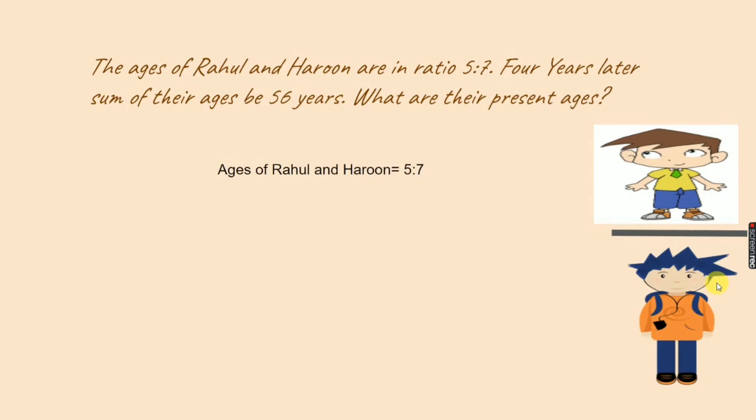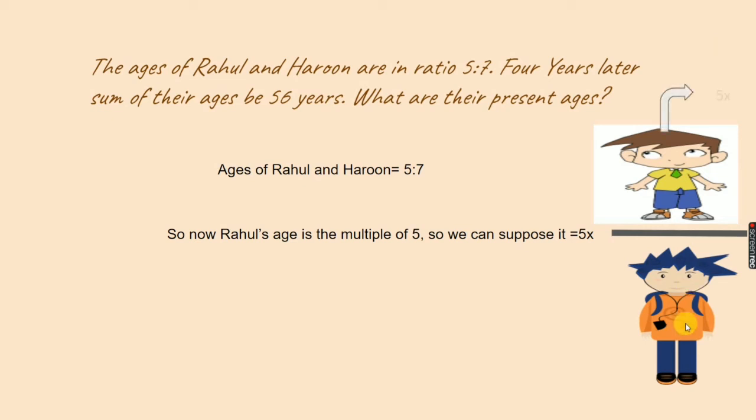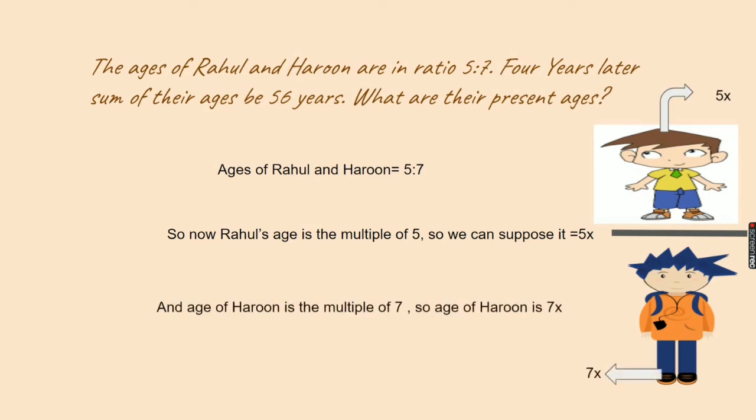So we can suppose that Rahul's age is a multiple of 5 and Harun's age is a multiple of 7, because they are in the ratio 5:7. So we can suppose that Rahul's age is 5x and Harun's age would be 7x.